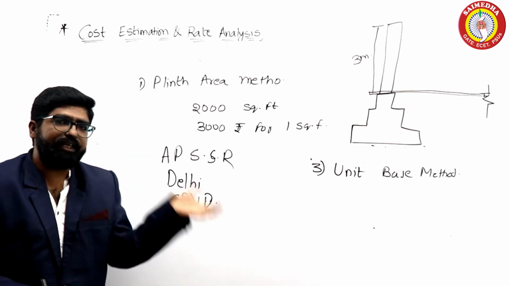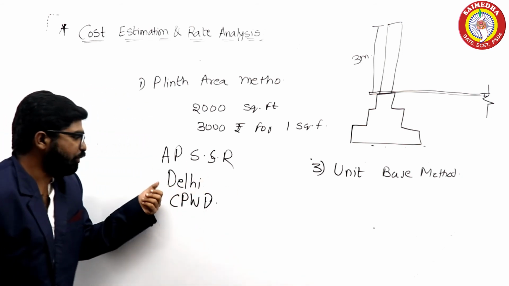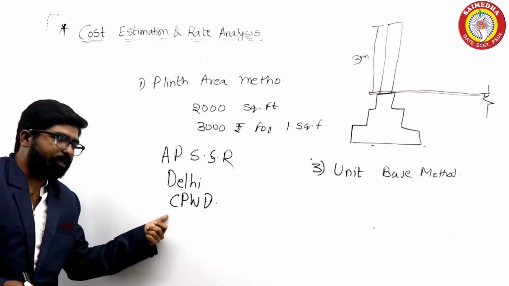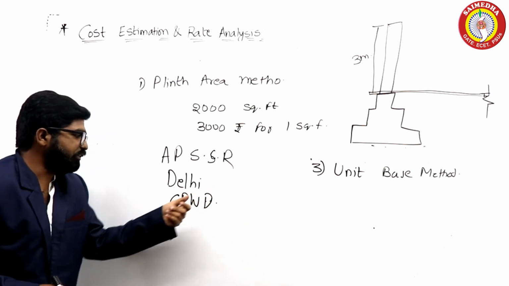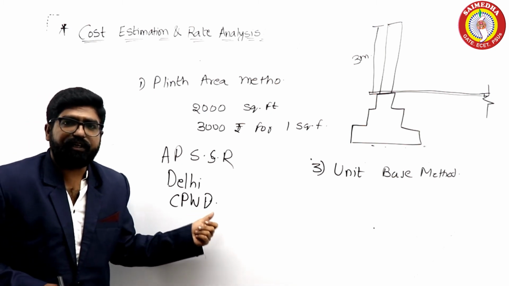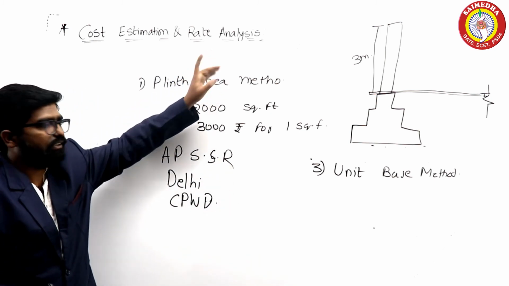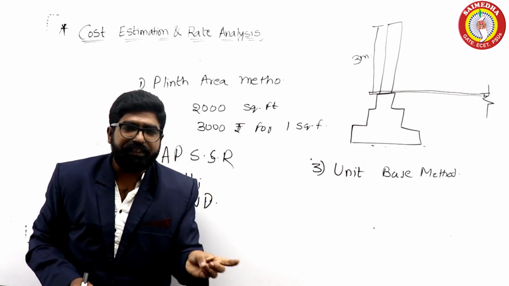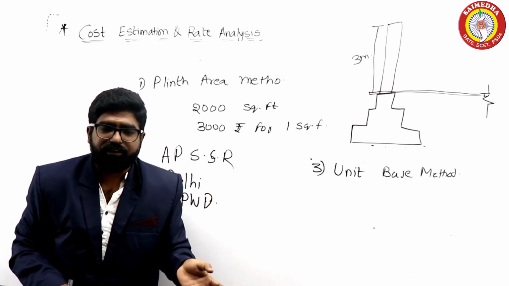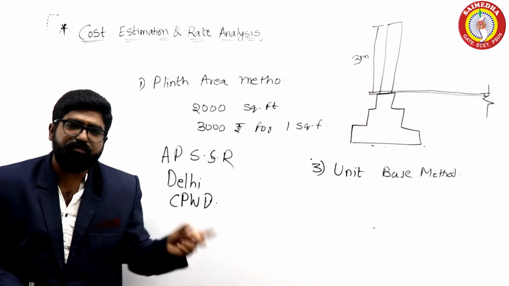If you are doing a nationwide project, then you go for the Delhi schedule of rates or CPWD schedule of rates. So anywhere in India, you can use the CPWD schedule of rates for estimating the rate. So you can get the quantities from the long wall method, short wall method, plinth area method, centerline method, like this. But you can get the rate from the schedule of rates.